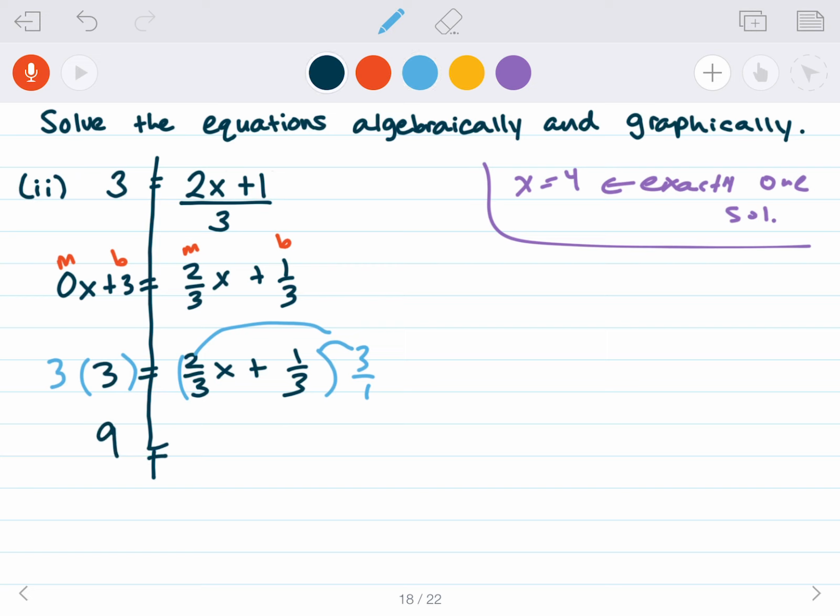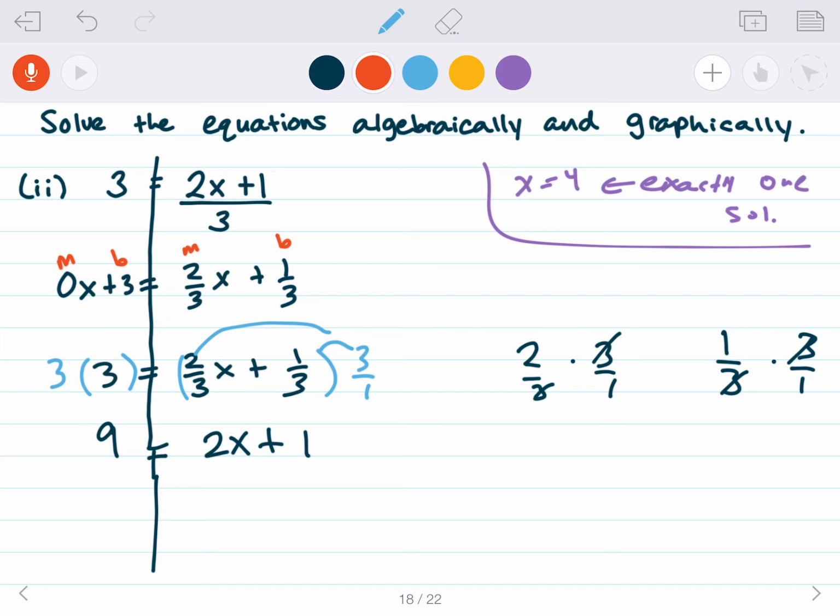On the right side, 2/3 times 3 over 1 is just 2x, the 3's cancel. And 1/3 times 3 over 1 is just 1. The 3's cancel. So on the right side, we have 2x plus 1. On the left side, we have 9.